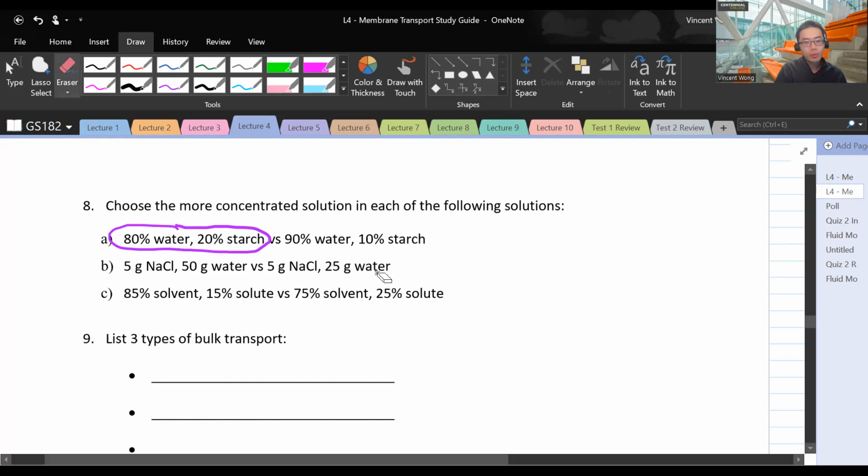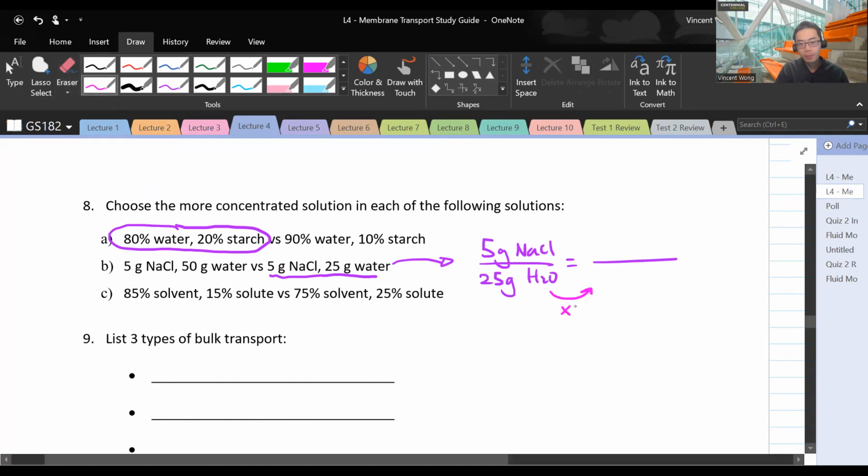Next one requires you to do a little bit of math. You have 5 grams of salt, NaCl, in 50 grams of water versus 5 grams of salt in 25 grams of water. So I can take this and do some calculation. 5 grams of salt in 25 grams of water. Now I can try to make the water the same amount as the other one so that we can compare it.